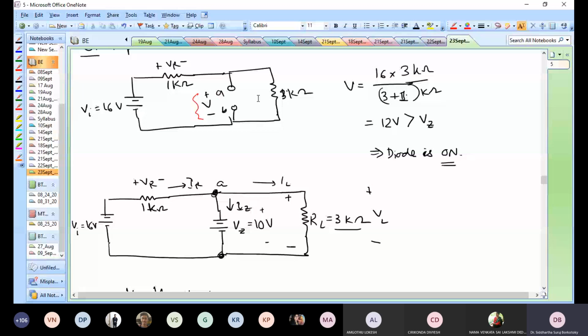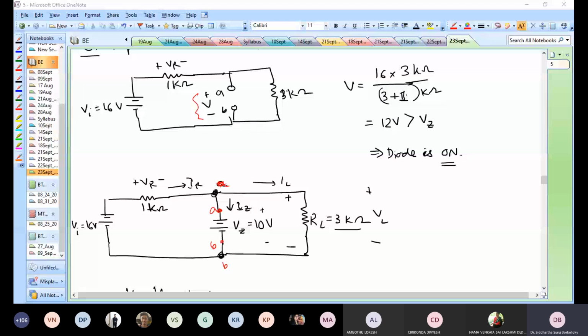If the diode is on, then you have to draw this particular setup. Points A and B are the same points here. If you have the diode put back in, you would have this particular circuit diagram you saw here.